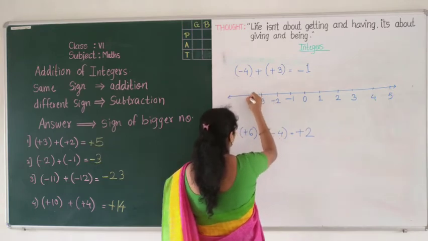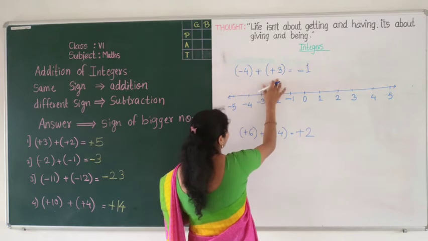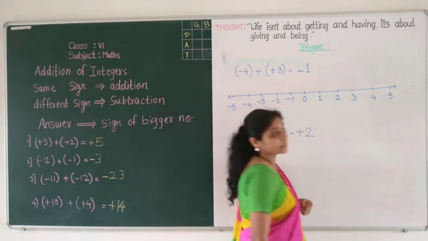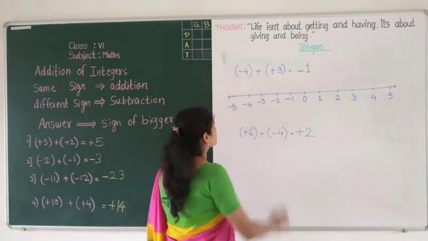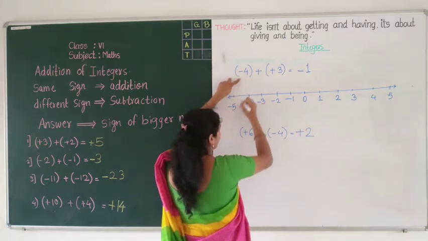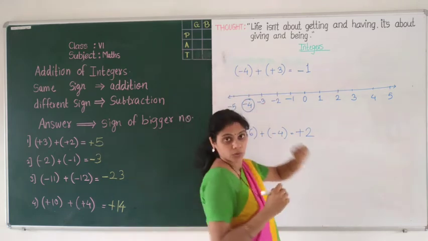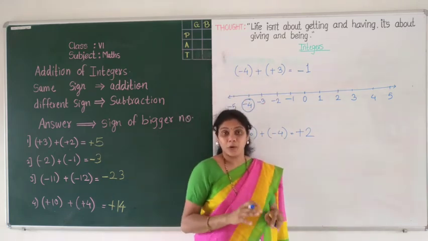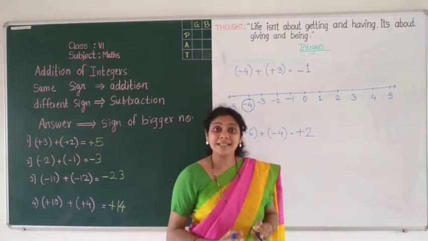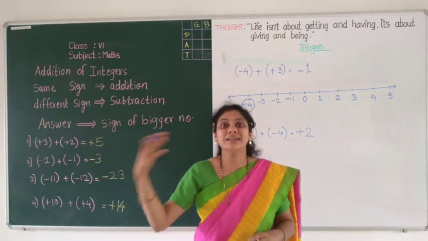While adding, we have to remember that these numbers should occur on that number line. So where is the negative 4? Here is the negative 4. And what do we have to do here? Add positive 3. In the last session we studied that all the positive numbers are on the right hand side.